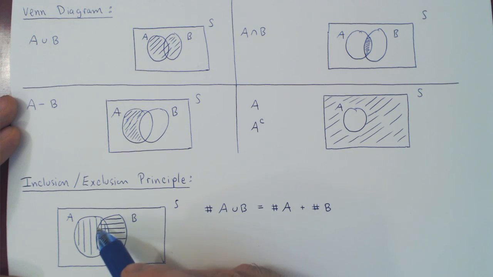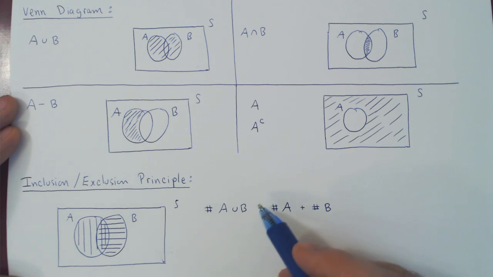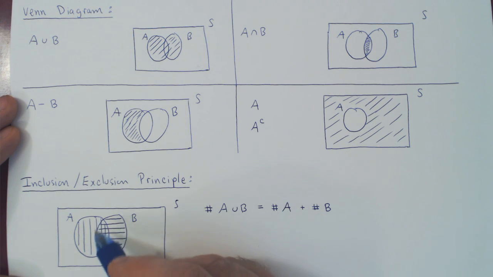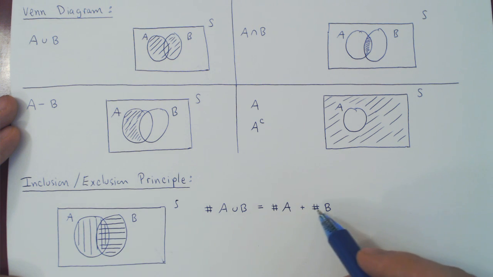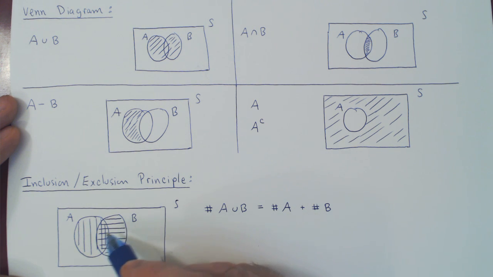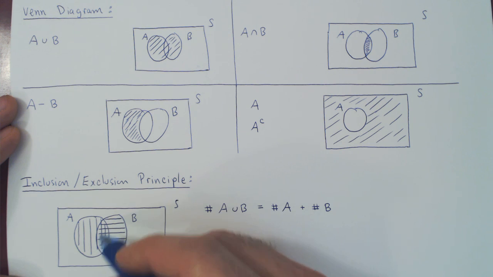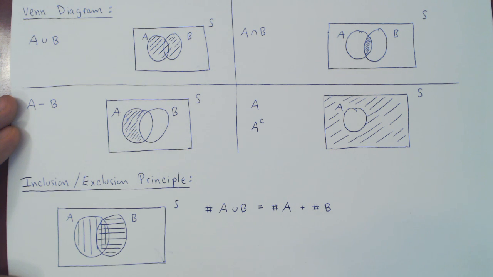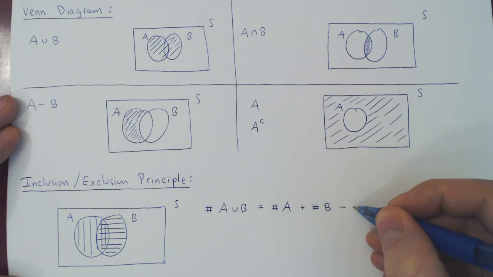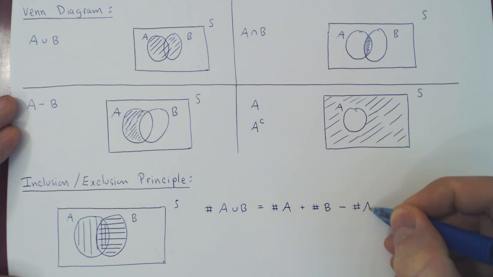But if you notice, we've counted the elements in the intersection twice. Once when we counted the elements of A, the vertical bars, and twice when we counted the elements in B. We have to count the elements in the intersection once. Well, if we counted those twice, if we remove them once, we'll be left with counting them once. So we have to remove the size of the intersection.